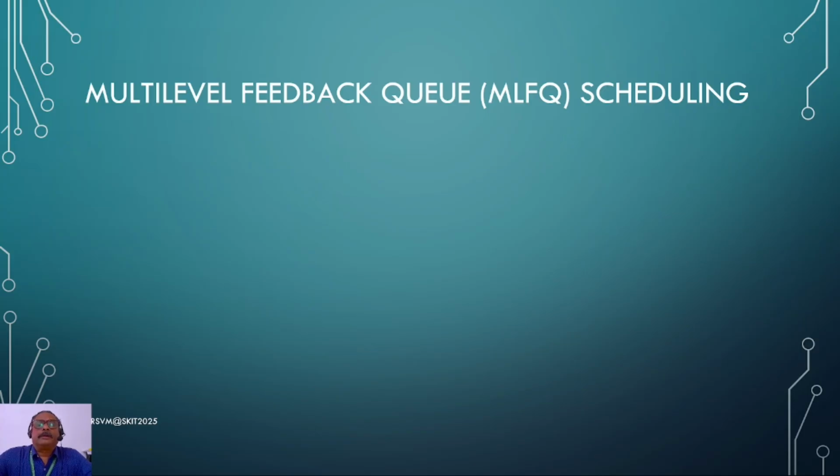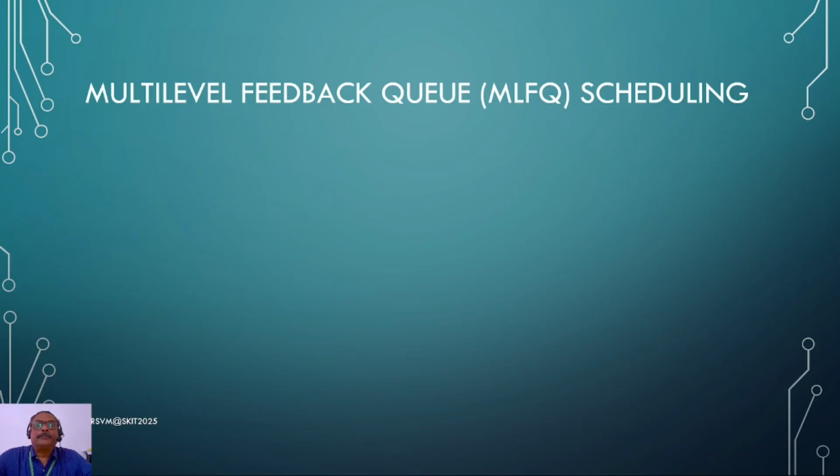So something may be round robin, some may be on a first come first serve basis and all that. But we had a problem there, that is identifying the correct queue to which any process belongs. If something goes wrong in identifying, it is definitely going to create a big problem in the system, so we need some way out of this.